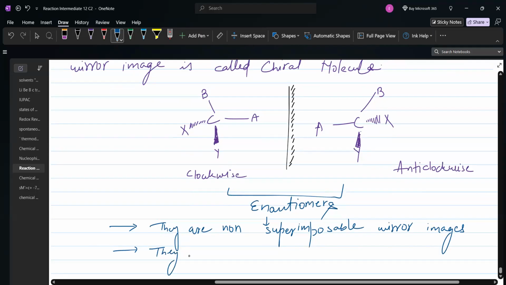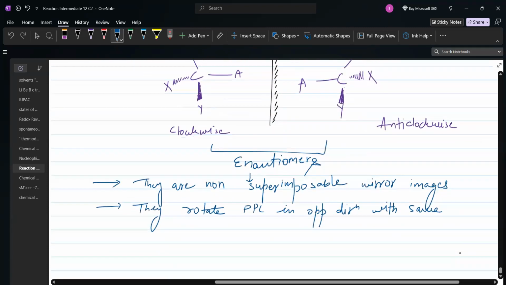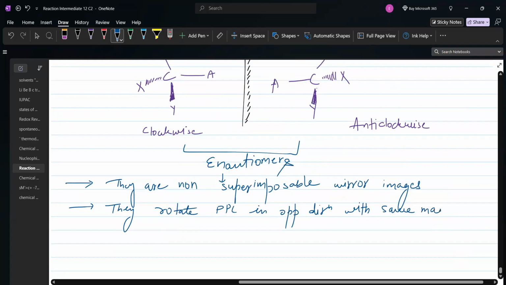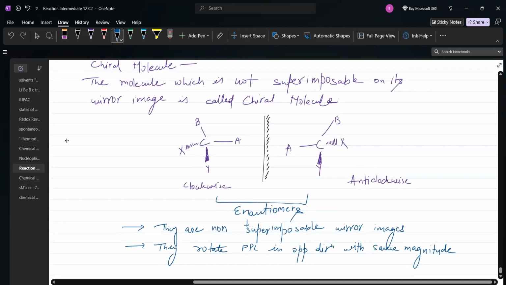They rotate PPL in opposite directions. One will be clockwise, one will be anti-clockwise, and the important thing is with the same magnitude. Like if one is rotating 10 degrees, then the other will be rotating minus 10 degrees. And this will be experimental data, so you don't have to worry about it.